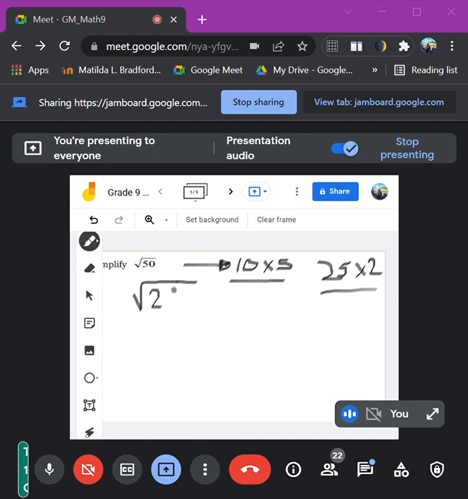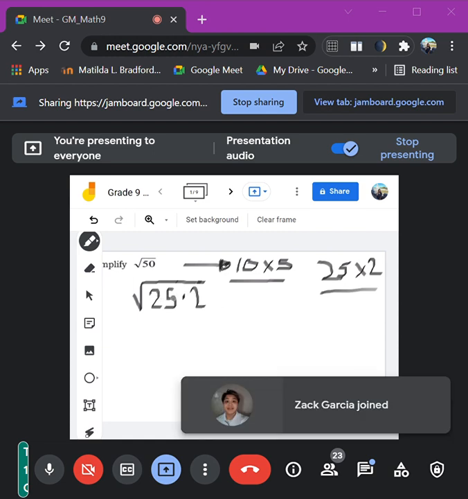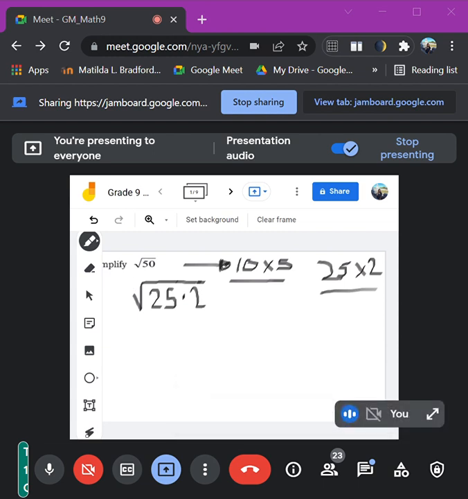We will use them as our factors. 25 times 2 is still equal to 50, or the square root of 50. We only take the factor that can be square rooted, because a square root is a number that you multiply by itself to result in your radicand.